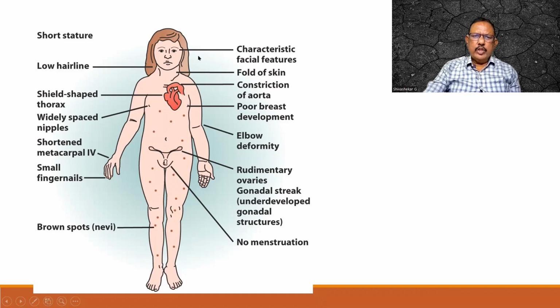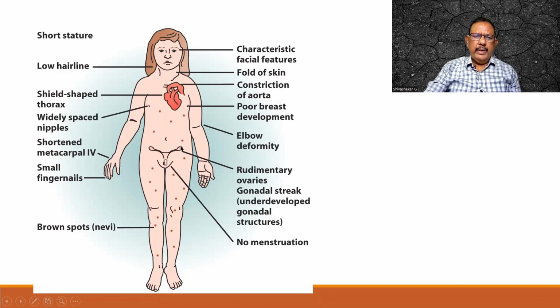The facial features are also characteristic. There can be a fold of skin that can be seen. Constriction of the aorta is there. And poor breast development, poor secondary sexual changes can be there.